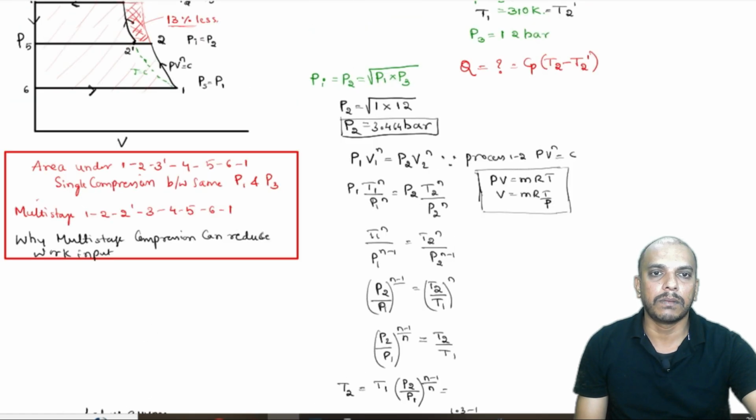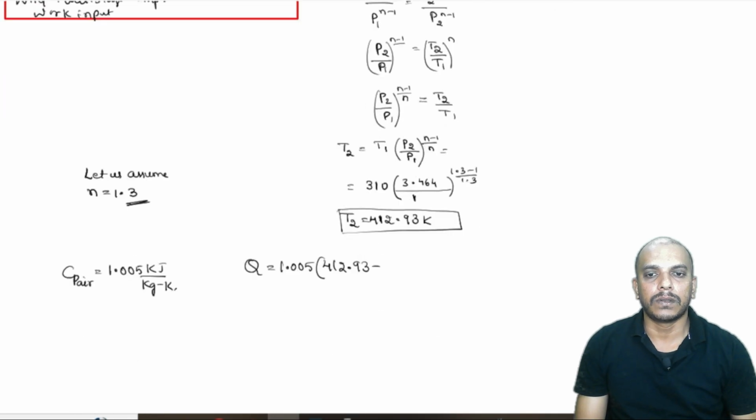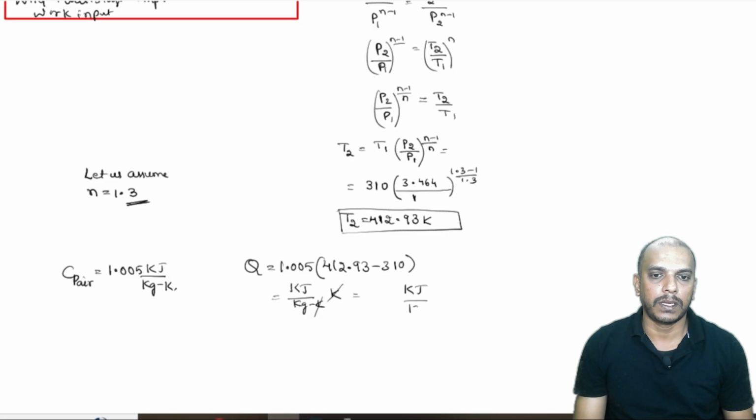That is the initial temperature, 310 only. So, we are doing it for 1 kg because mass is not given to us. Cp was substituted in kilojoule per kg Kelvin, and this was in Kelvin, so Kelvin goes off and we will have the unit in kilojoule per kg.